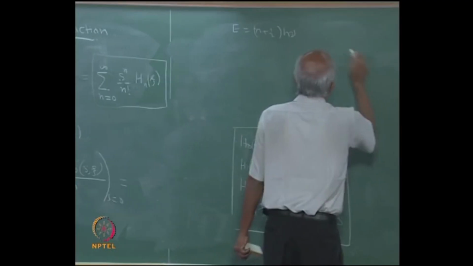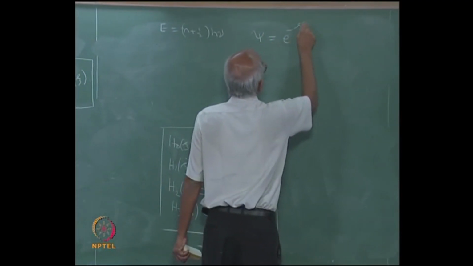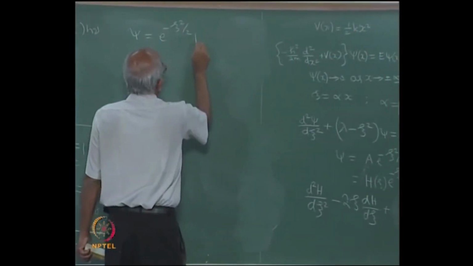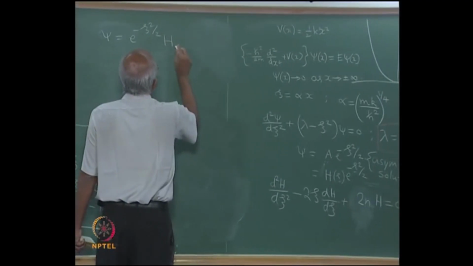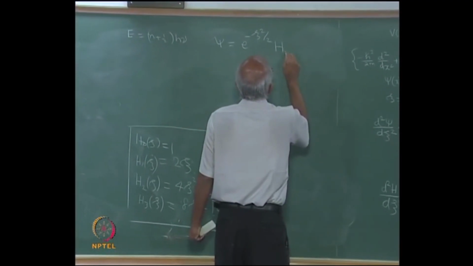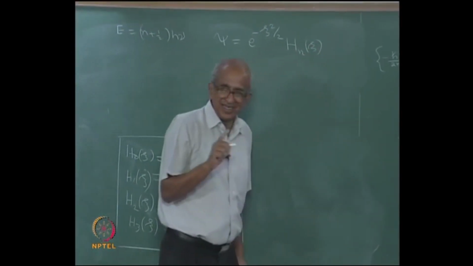The solution is psi equal to e to the power of minus c square by 2 multiplied by H. This H is in general a polynomial. If you are thinking of a particular value of n, the polynomial will be the Hermite polynomial Hn(c), which has a degree equal to n.